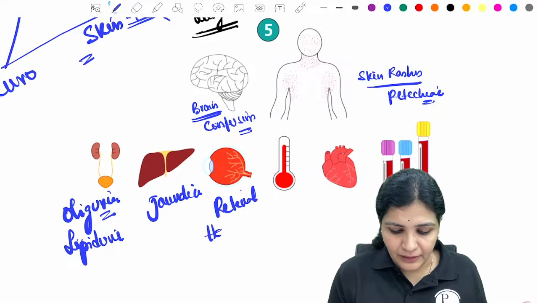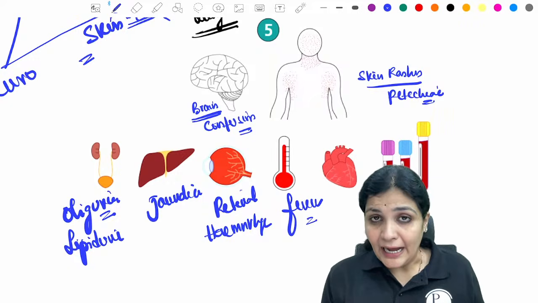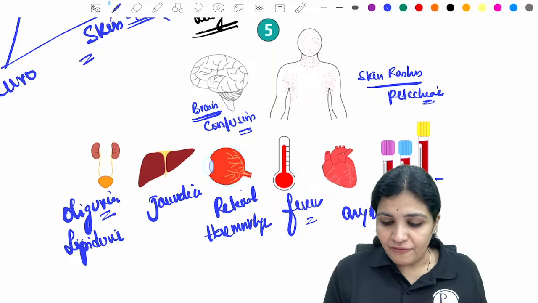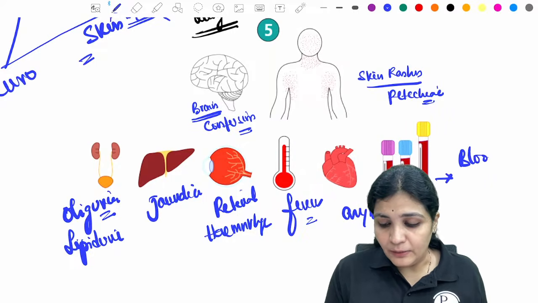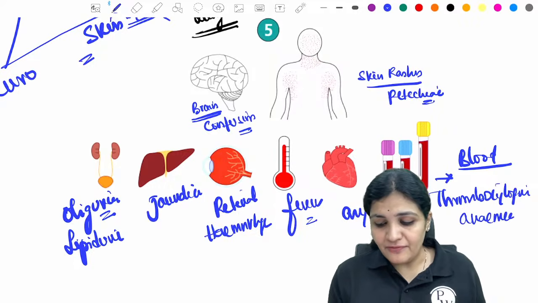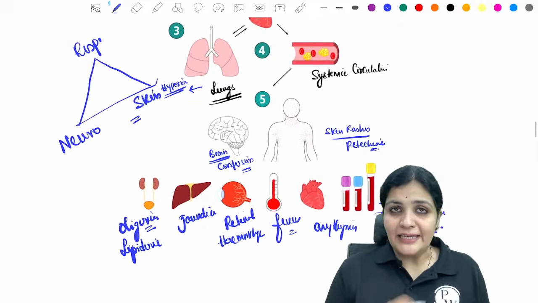They will result in fever as a systemic manifestation, in the heart they might cause arrhythmias, and finally in the blood they will cause thrombocytopenia or anemia, right? So these are all the manifestations of fat embolism syndrome, the things which you observe.